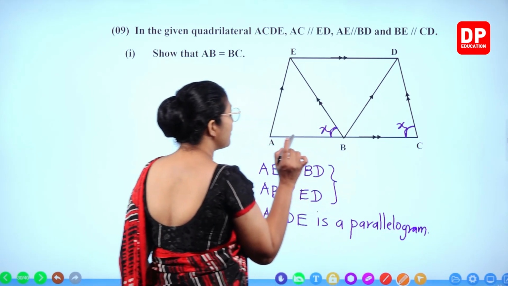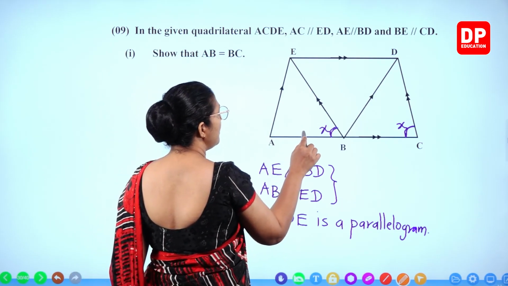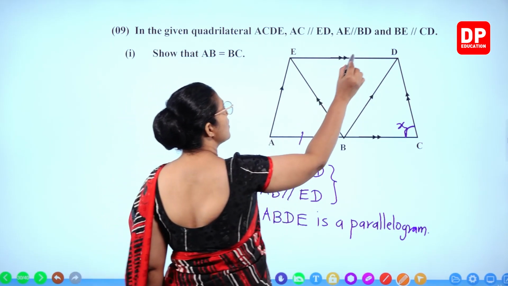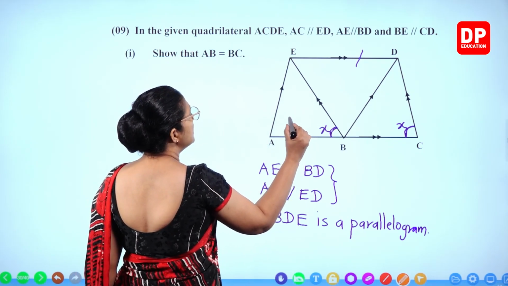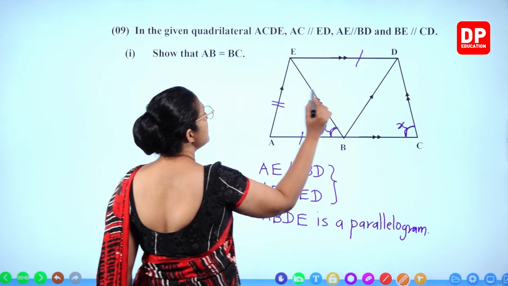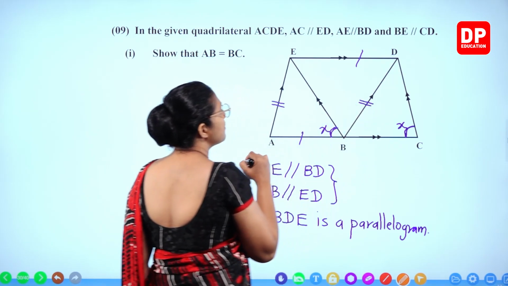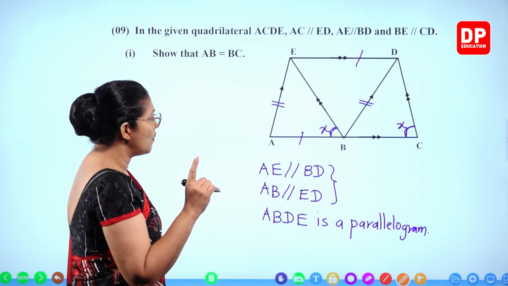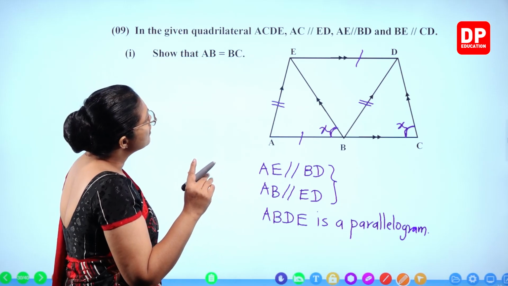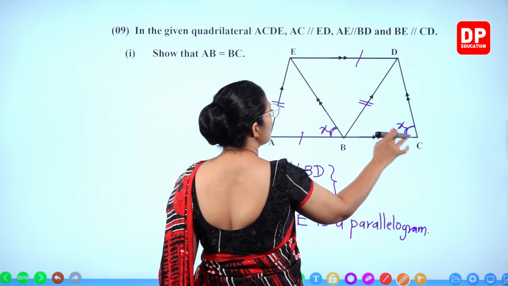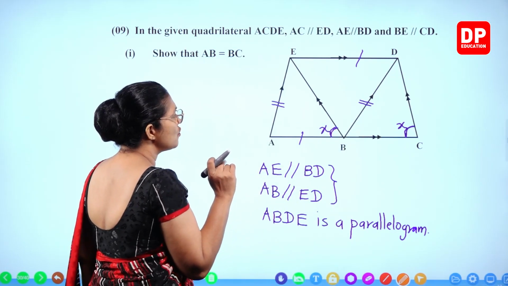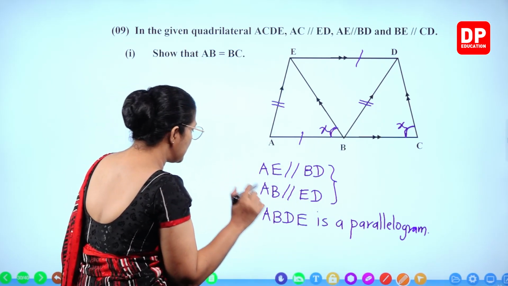If it's a parallelogram, opposite sides are equal. This length is equal to this length, and here, this length is equal to this length. Opposite lengths are equal in a parallelogram. So same thing you can say, this is also a parallelogram. Actually you don't need this X angle to show that AB equals BC.